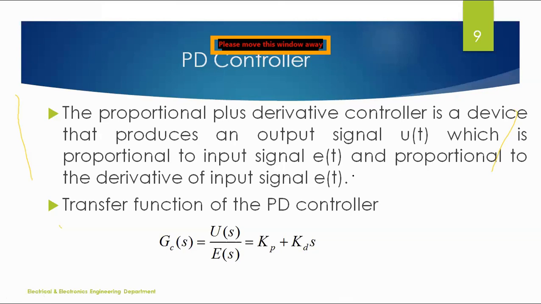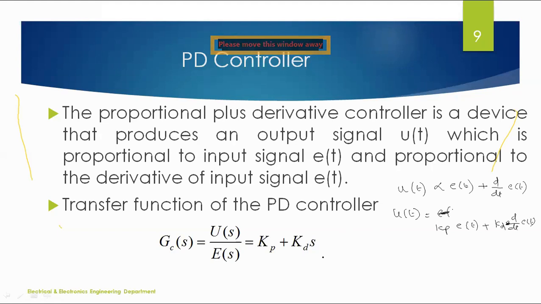The output signal is proportional to the input signal e(t) plus proportional to the derivative of the input signal, that is d by dt of e(t). So u(t) equals Kp into e(t) plus Kd d by dt e(t).